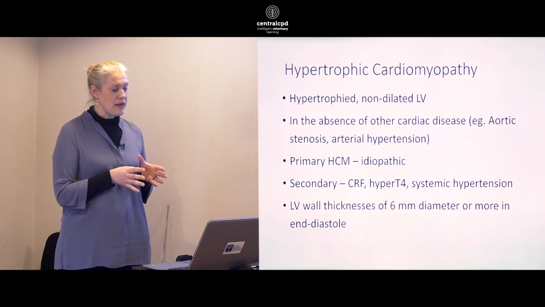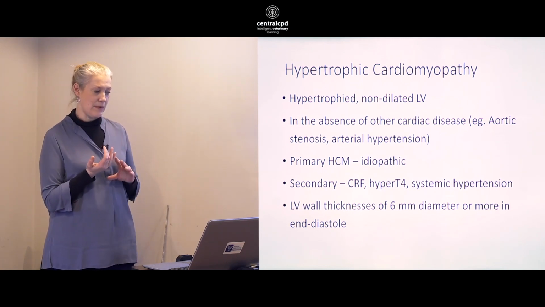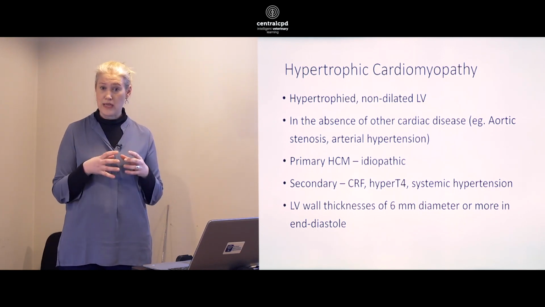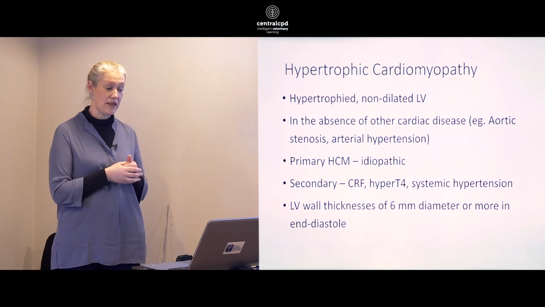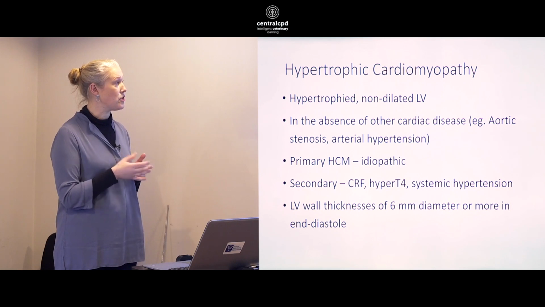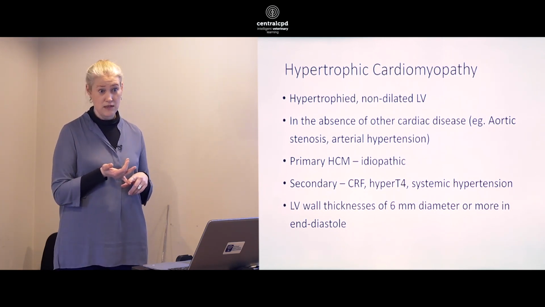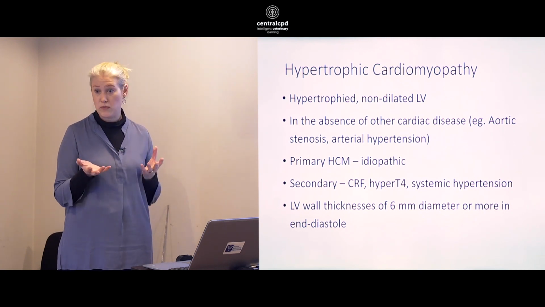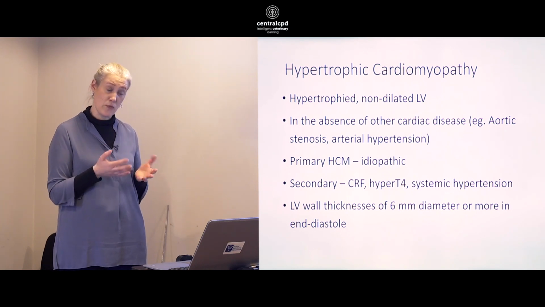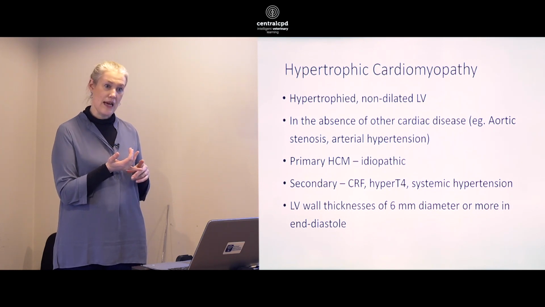But for it to be primary HCM, it has to be in the absence of other cardiac disease and other systemic disease. The cardiac disease that could cause increased afterload or increased pressure on the left ventricle will be anything that makes it harder for the left ventricle to push blood into the systemic circulation. That could be aortic stenosis, which would be a congenital defect. We don't see it commonly in cats, but if it was a young cat presenting with HCM, let's say a cat around a year old, we do see HCM in very young cats, but you definitely want to rule out that there isn't aortic stenosis.